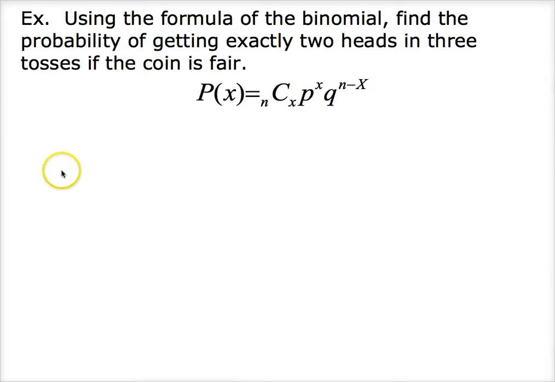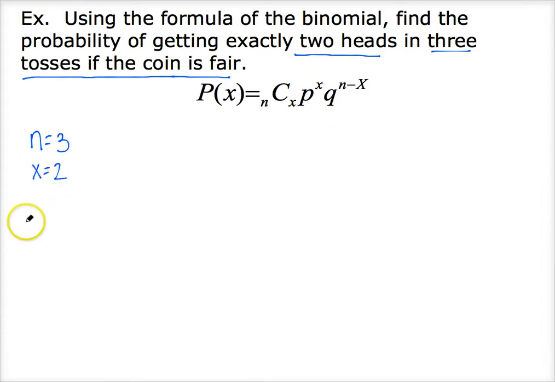Using the formula of the binomial, find the probability of getting exactly 2 heads in 3 tosses of a coin if it's fair. N equals 3 because there are 3 tosses. X equals 2 because we want 2 heads. Probability of success, or p, is going to be 0.5.